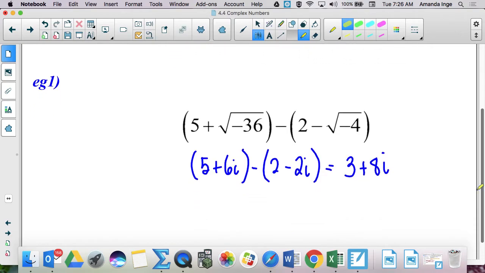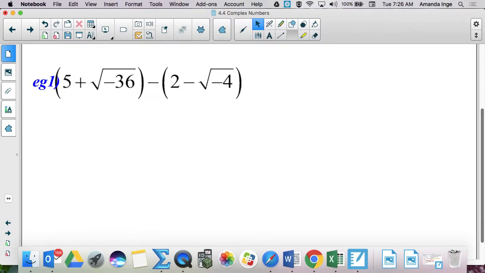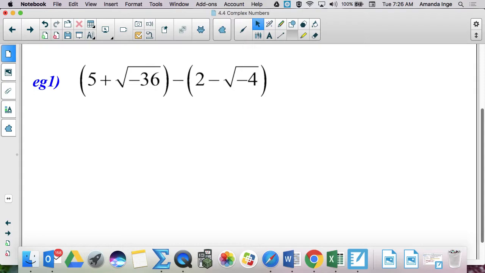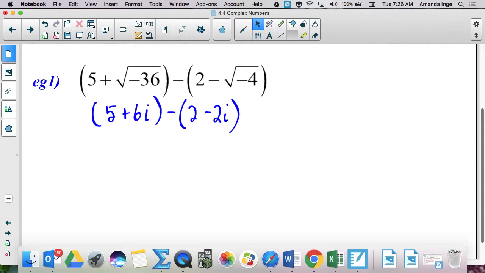So, the first example that I have up here, I have 5 plus the square root of negative 36. I need to change that to 5 plus 6i, and then 2 minus 2i. So I've rewritten my problem so it is with imaginary numbers.